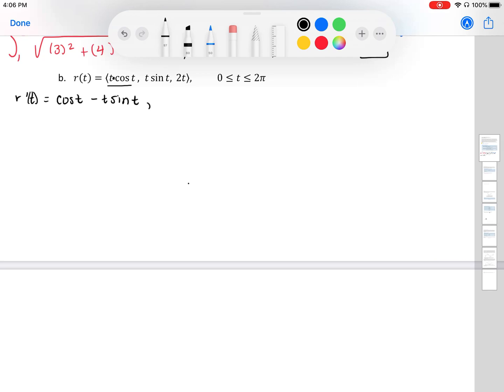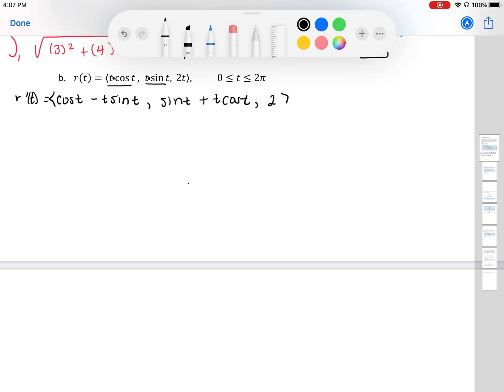And then we have the same thing here, so we also have to do the product rule there, so that we have sine of t, since the derivative of t is 1, plus t cosine t, since the derivative of sine is cosine. And then the derivative of 2t is just 2. So there we have our derivative for r.